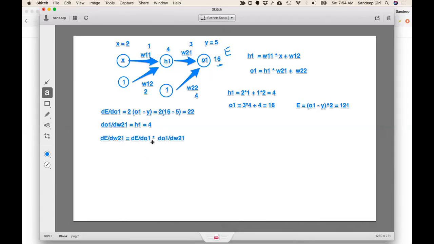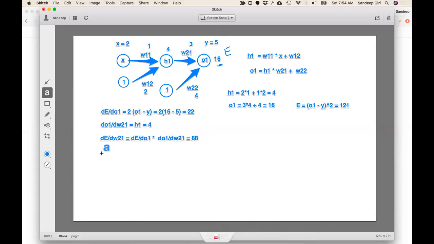Good, so this is what we have here. All right, so the rate of change of error with respect to W21 is actually positive. That means that we need to decrease the W2.